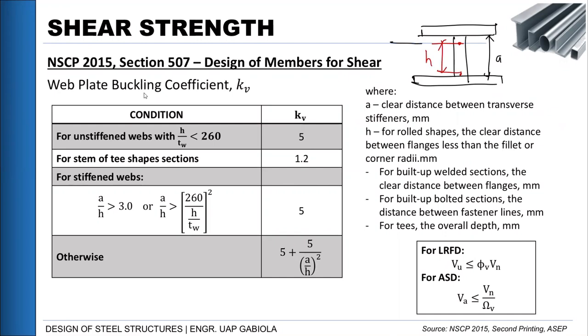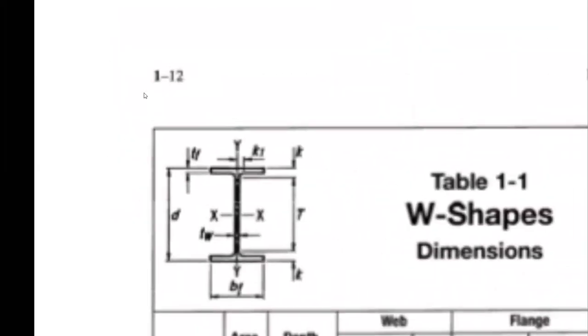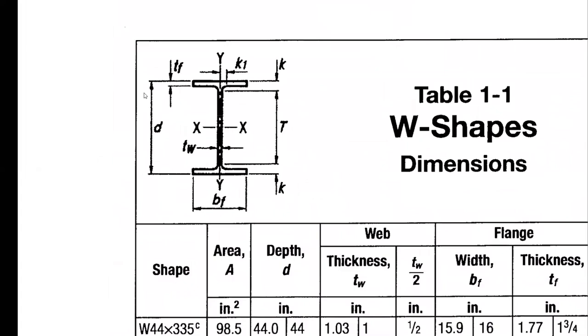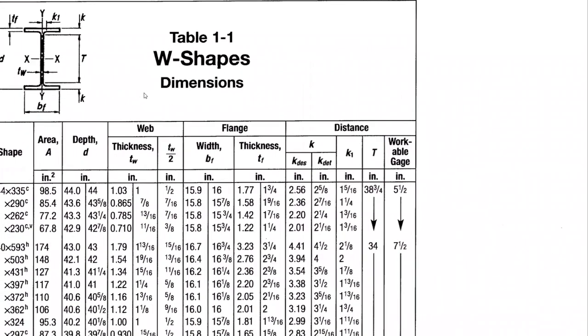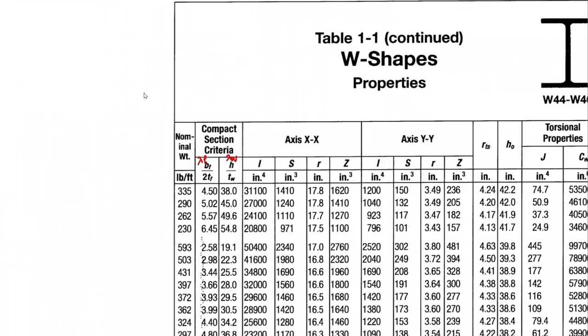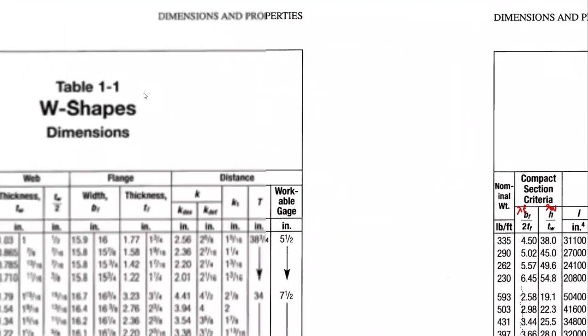And then, this is the value of K. Na yung mga values na yan, hindi kayo maliligaw dyan, kasi nandito din yan sa diagram natin. So, may value ng H dito sa table natin, may value ng K. Pwede tayo mag-refer doon.